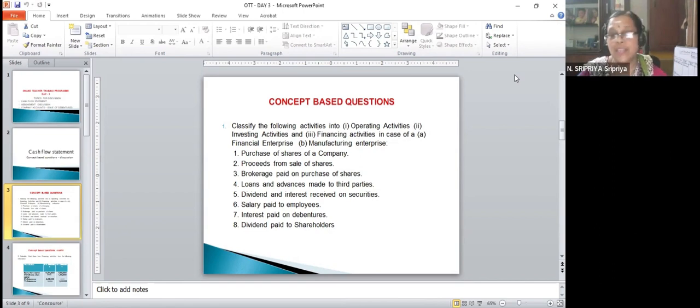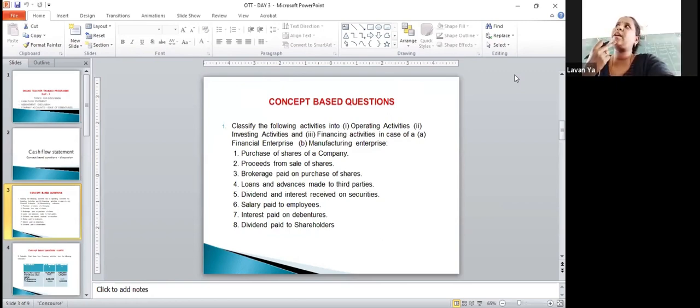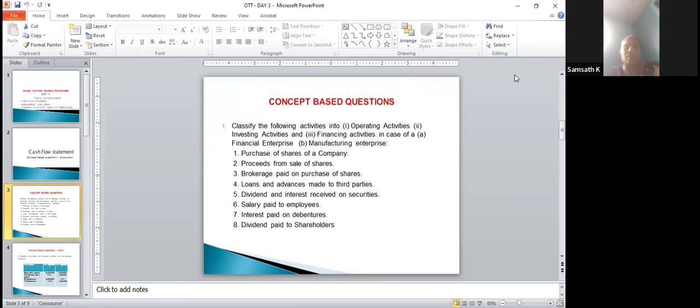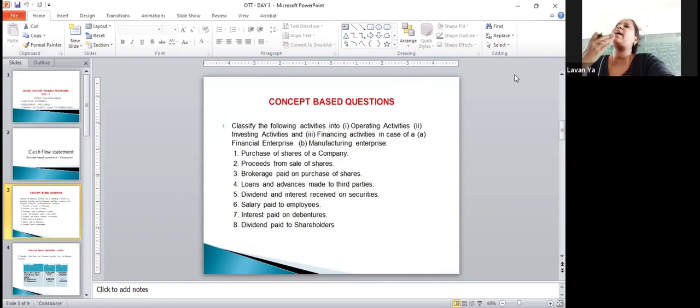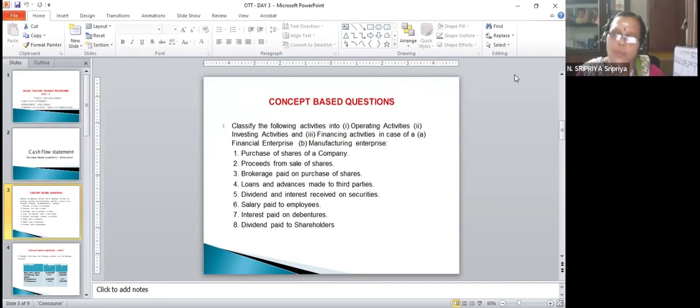Okay. The 7th one: interest paid on debentures. Net profit before taxation, no, we used to have non-cash expenditure, that is a non-operating expense.